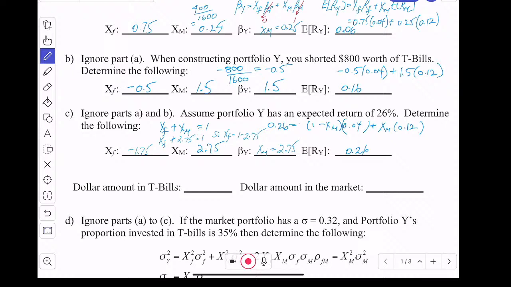So it's XF times the $1,600, or negative 1.75 times 1,600, which gives, so it's short selling $2,800 worth of T-bills.